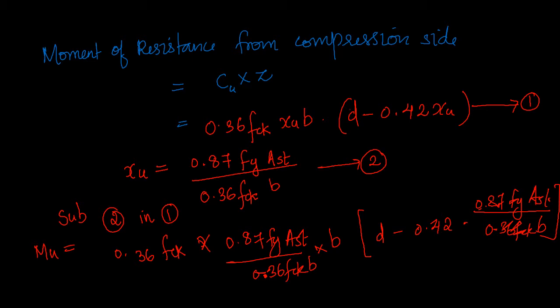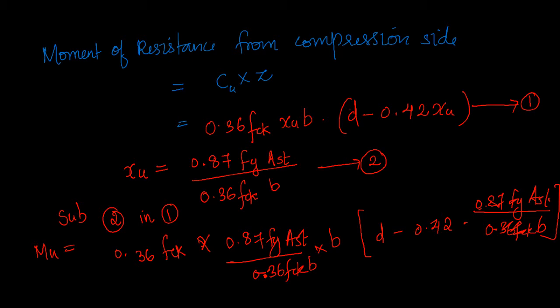The net compressive force is given by 0.36 FCK XU b. The lever arm distance is already known, that is d minus 0.42 XU. So this will be the moment of resistance from compression side. Let it be equation number 1.